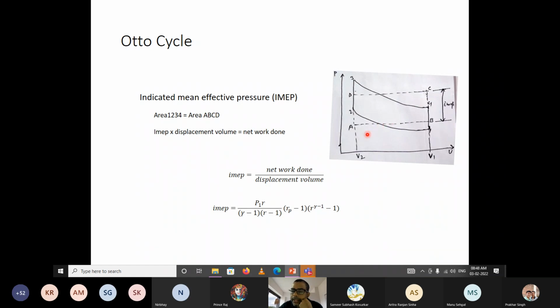Then the height of the rectangle, that is BC or AD, represents the indicated mean effective pressure. That is the constant pressure we are considering acting during the compression and expansion process.